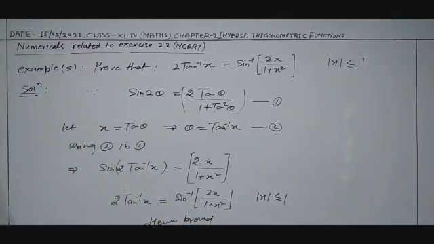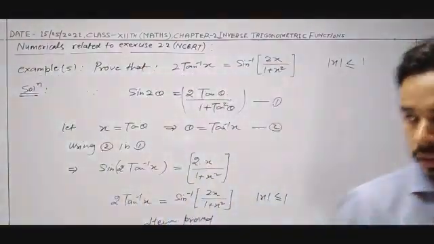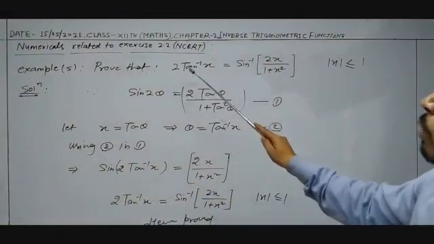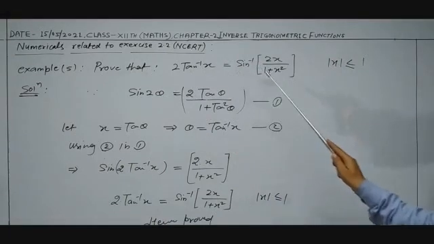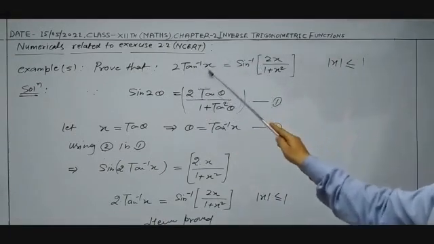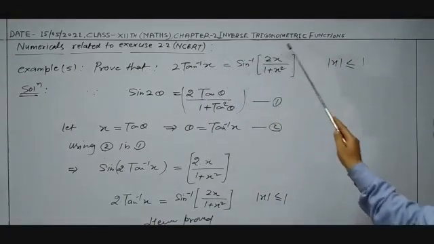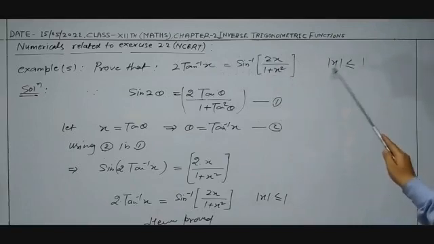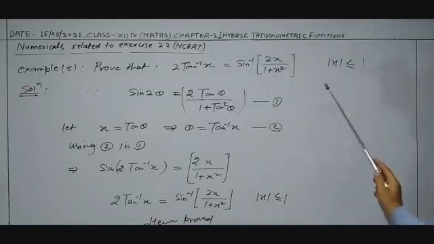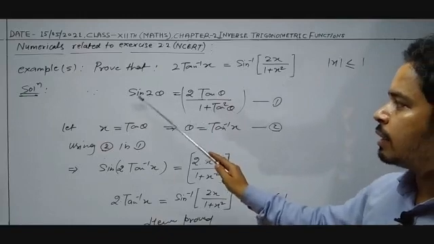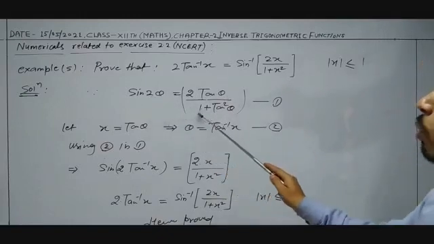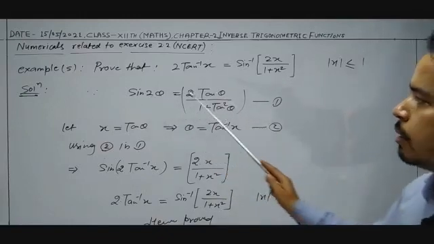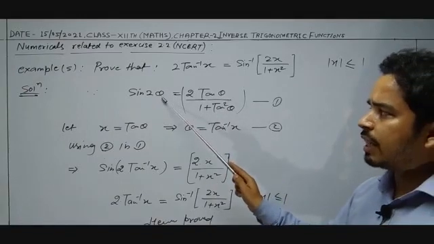Again see, prove that 2 tan inverse x is equal to sin inverse of 2x whole upon 1 plus x square, such that mod of x is less than or equal to 1. Since you know the formula, sin 2 theta is equal to 2 tan theta whole upon 1 plus tan square theta. At the place of theta you have to put tan inverse x.